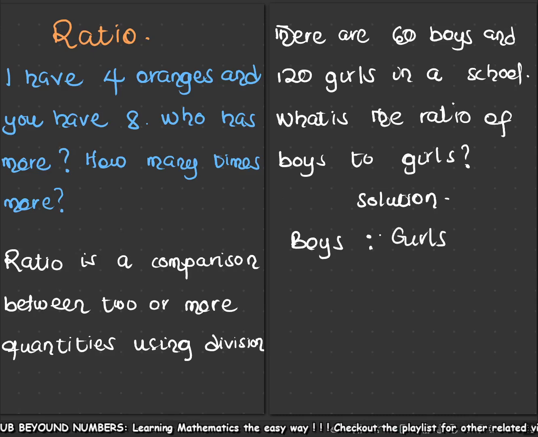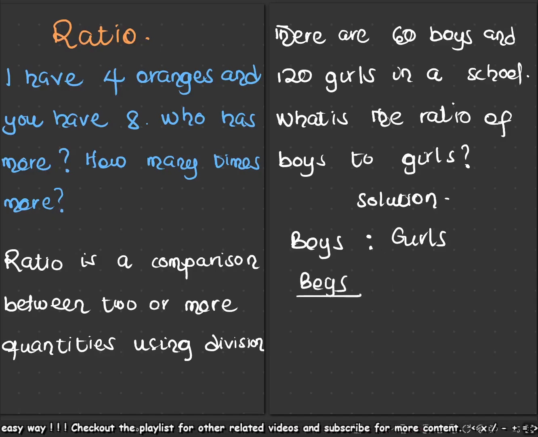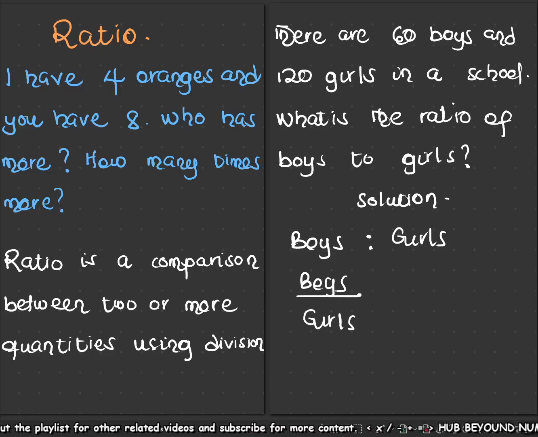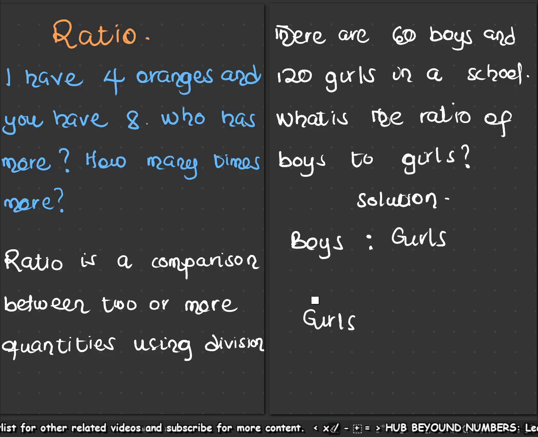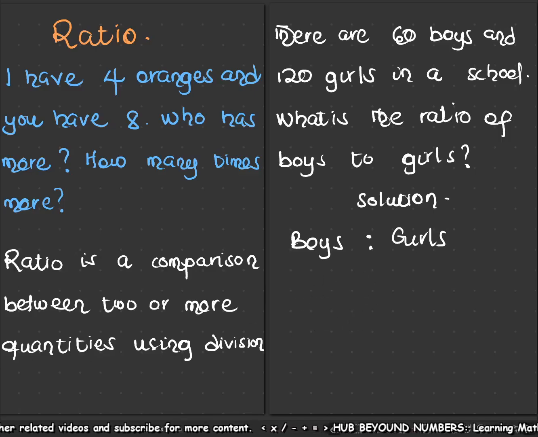This is one way you can write it. You can also write it as a fraction, so instead of boys to girls, you write boys over girls. They are both accepted. But for simplicity's sake, let's look at this one over here.